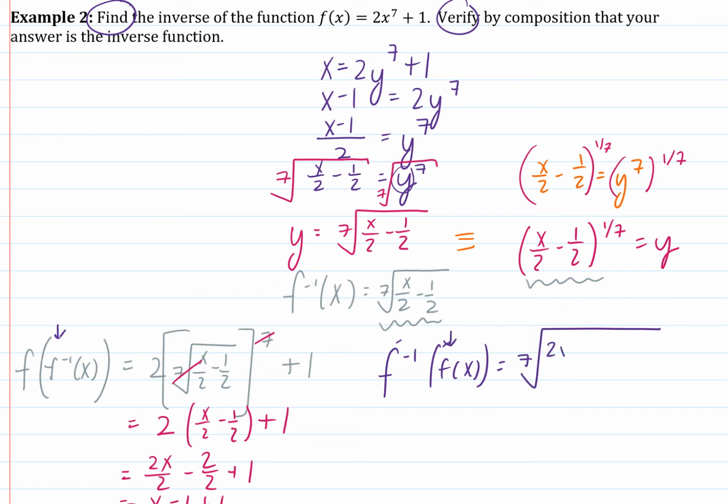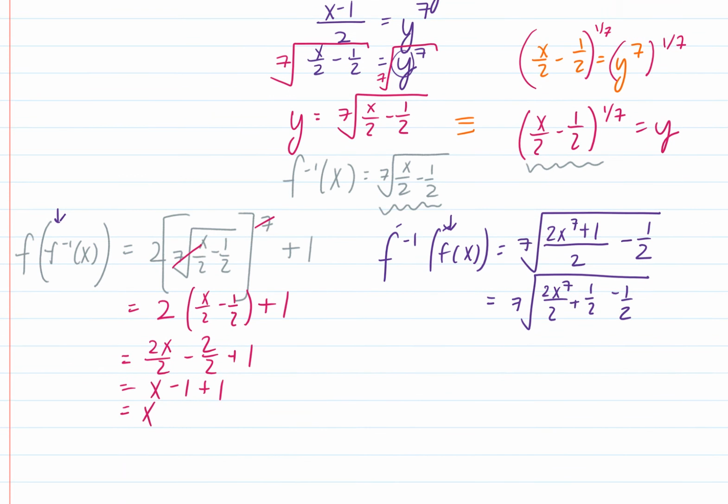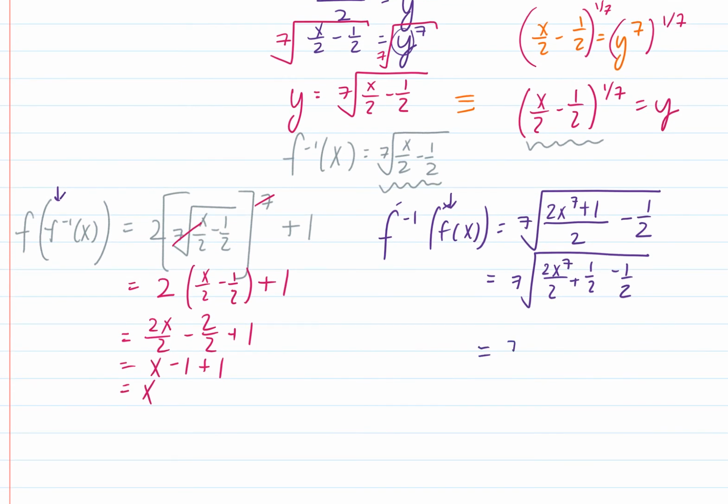So we have 2x to the 7th plus 1 over 2 minus 1/2, which gives us the 7th root of 2x to the 7th over 2 plus 1/2 minus 1/2, which is the 7th root of 2x to the 7th over 2, right? These guys will cancel out, which is the 7th root of x to the 7th. These guys cancel out, which is x.